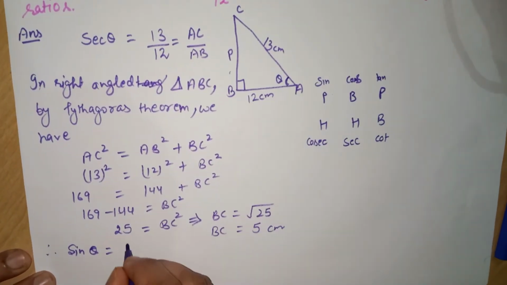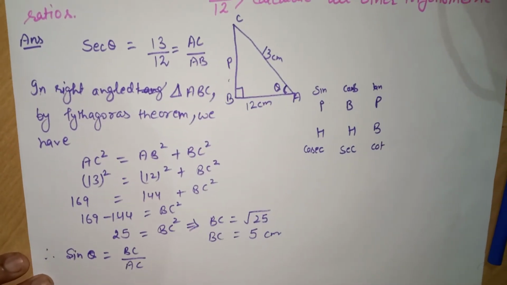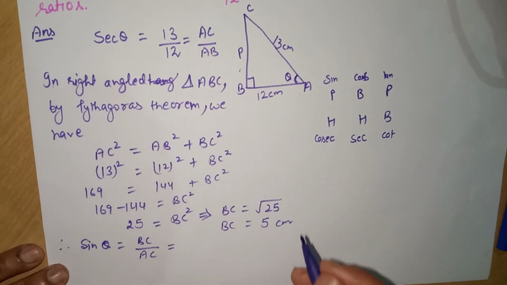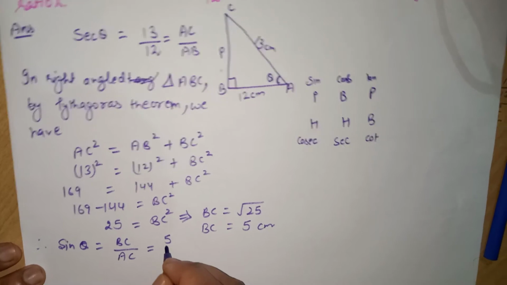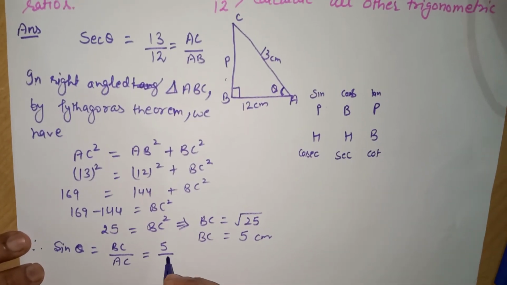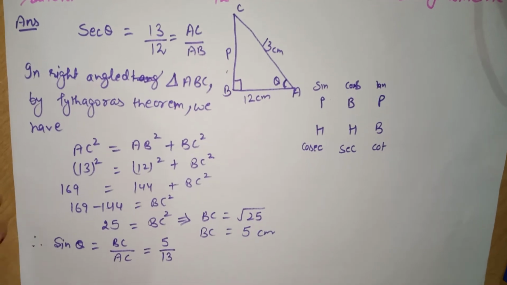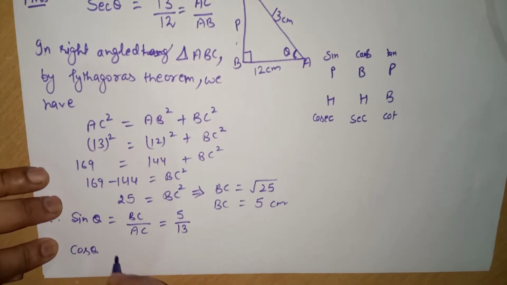Here the perpendicular is BC upon AC. So it is equal to BC is 5 and AC is equal to 13 centimeter.